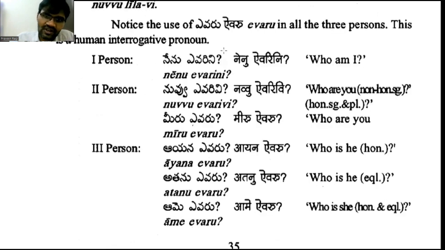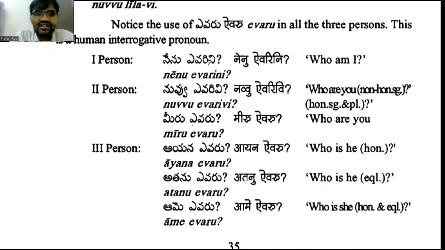Notice the use of Evaru in all three persons. This is a human interrogative pronoun. Nenu Evarini. Who am I? When I am introducing, I use the ni suffix, and when I am asking who am I, I also use that same suffix. You can also say Nenu Evaru, but Nenu Evarini is the proper structure.